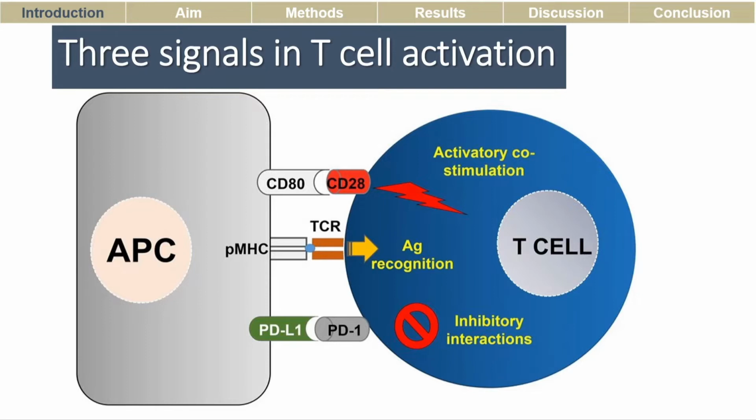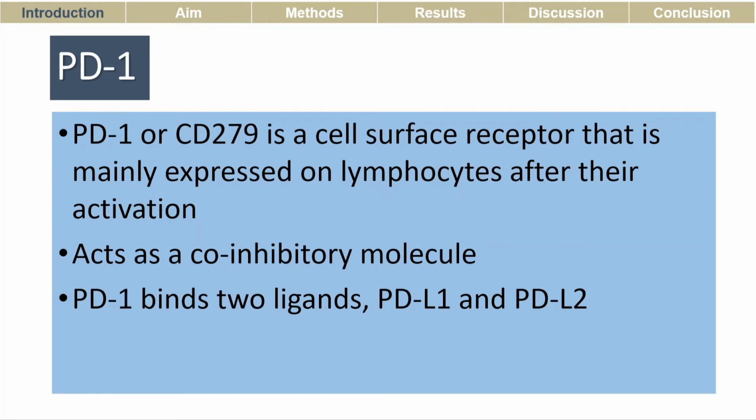In contrast, binding of the PDL1 on the antigen-presenting cell with PD1 on the T cell will thwart the activation process. PD1 or CD279 is a cell surface receptor that is mainly expressed on lymphocytes after their activation. It acts as a co-inhibitory molecule and binds two ligands, PDL1, which is the main one, and PDL2.